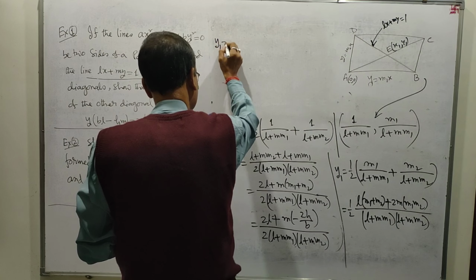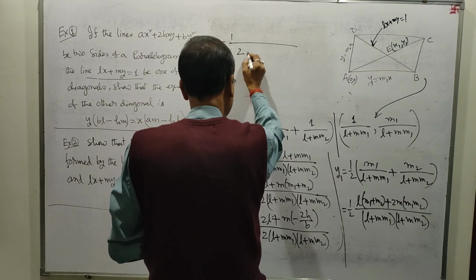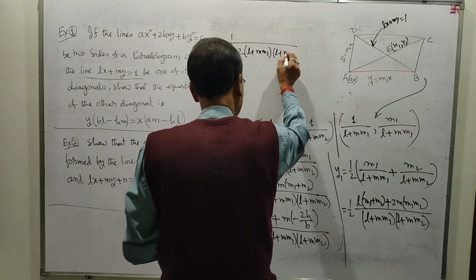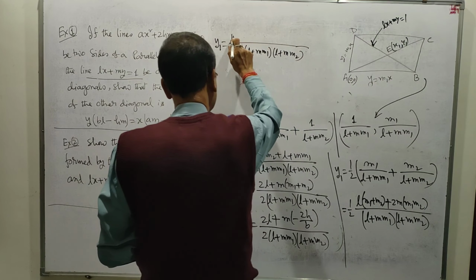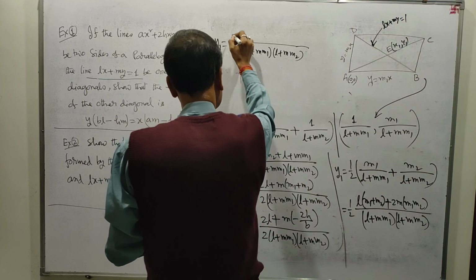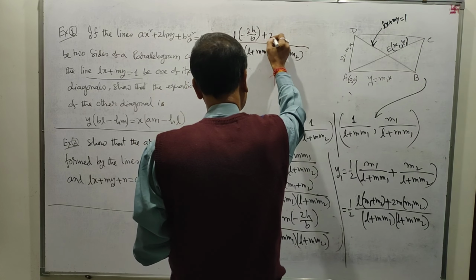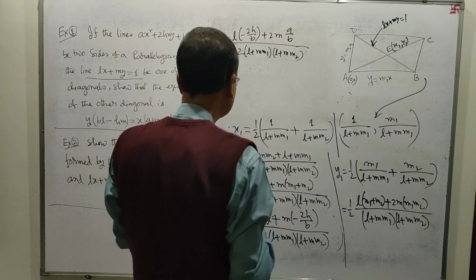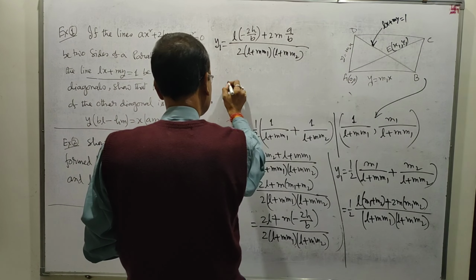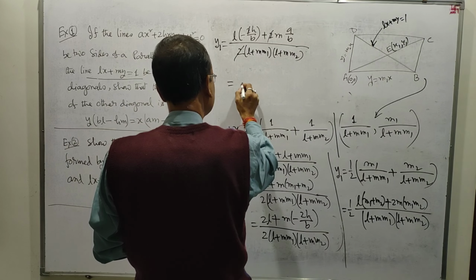Now, y1 equal to 1 by 2, or you may write 2 times of L plus M, M1, L plus M, M2, and it is L into minus twice h by b plus twice M into A by B. You see, this 2 will be cancelled.